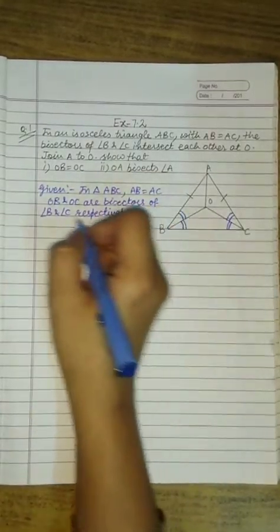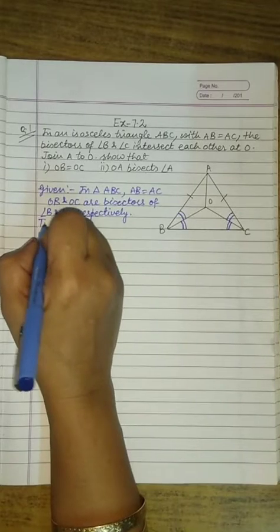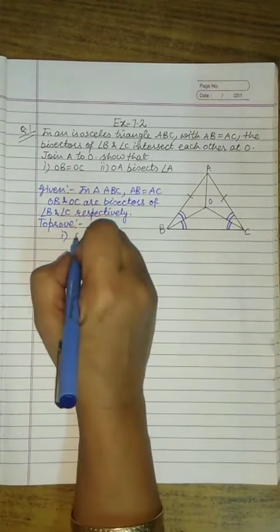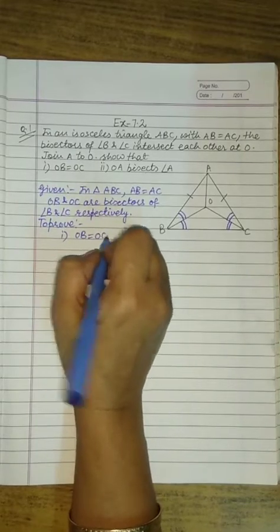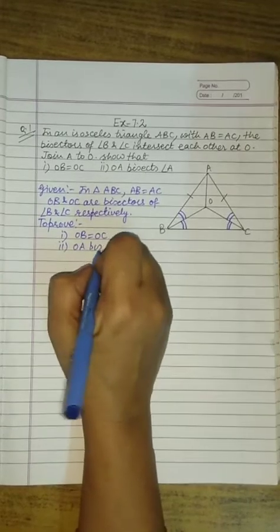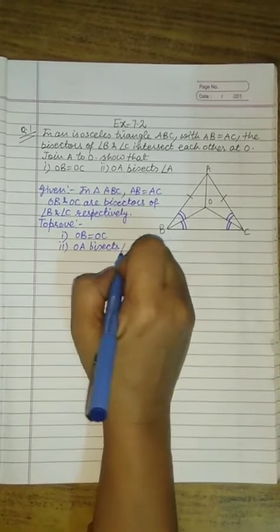Now, what we have to prove? We have to prove first part OB is equal to OC and second is OA bisects angle A.